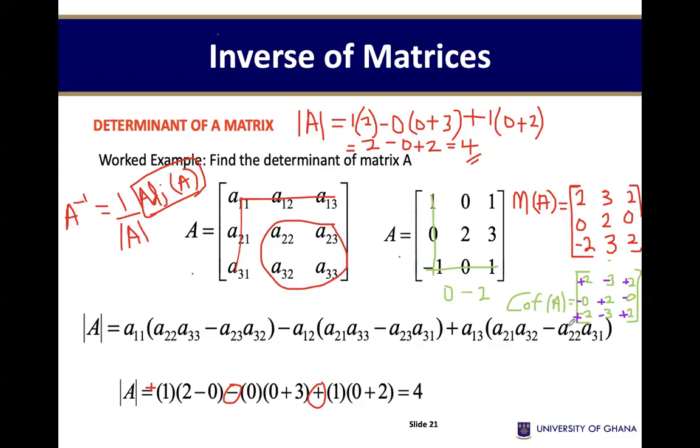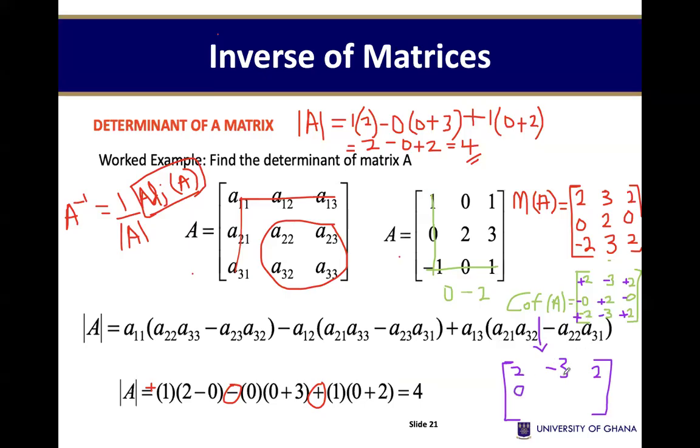So at the end, the actual cofactors will now be in this form. So this will be plus 2, which is the same as 2. This will be minus 3. So I write down minus 3 there. And then this will be plus 2, which is still positive 2. So I write the 2. This guy is minus 0, which is the same as 0.